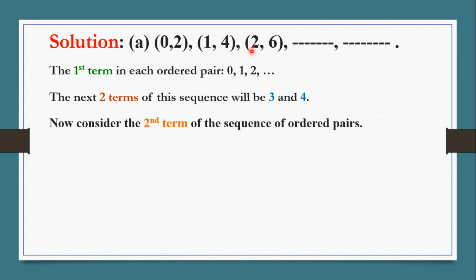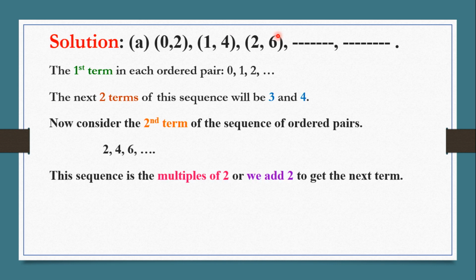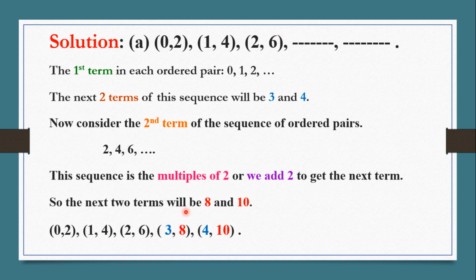The second term now: 2, 4, 6. These are multiples of 2, or we can say that we are adding 2 to get the next term. So the next two terms will be 8 and 10. So I complete the next two terms: (3, 8), (4, 10).